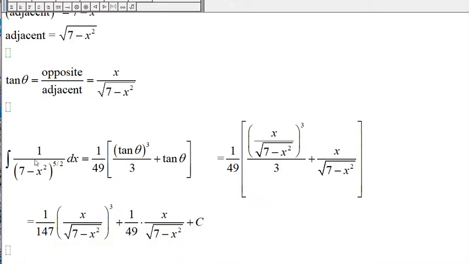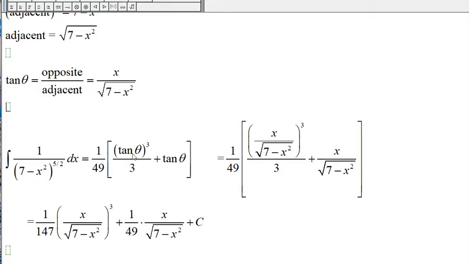And so the original integral is equal to 1 over 49 times tangent of theta cubed divided by 3 plus tangent of theta. Tangent of theta is x divided by the square root of 7 minus x squared.